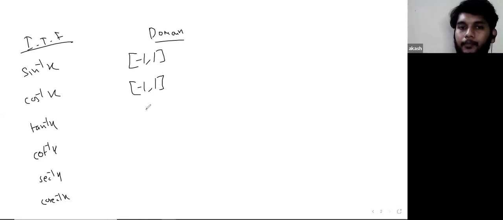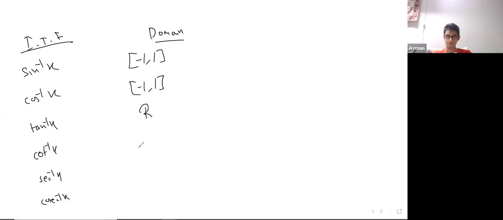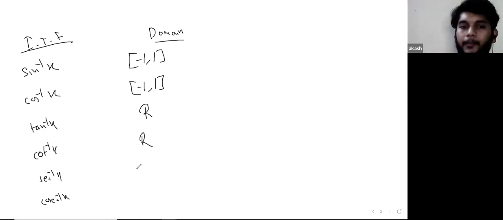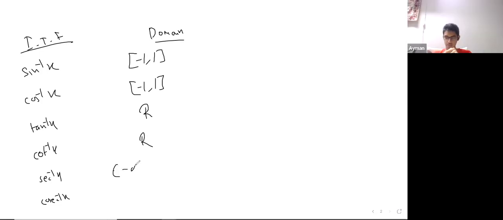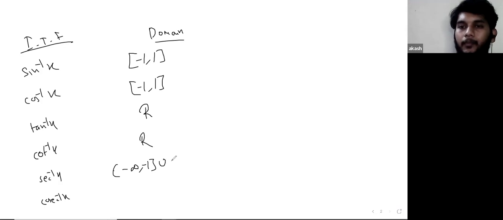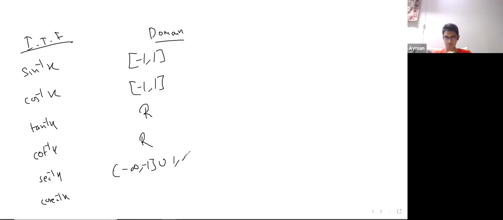And then for tan inverse x, it will be R. For cot inverse, it will be R as well. For secant inverse, open bracket, -infinity to -1, close bracket, union 1, close bracket to infinity, open bracket. Same for cosec inverse x.